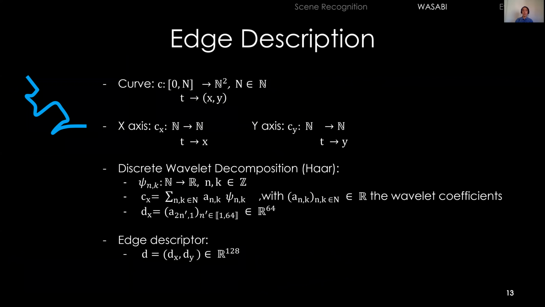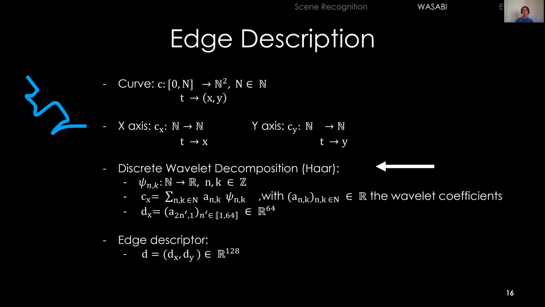The canonical representation I use is the decomposition of the edge over a basis of wavelet functions. A given edge is modeled by a parametric curve C, which is a discrete function here. The edge is subsampled over a fixed number of points n, which is a parameter of the method. I split the curve over its x and its y axis, and this defines two discrete functions.